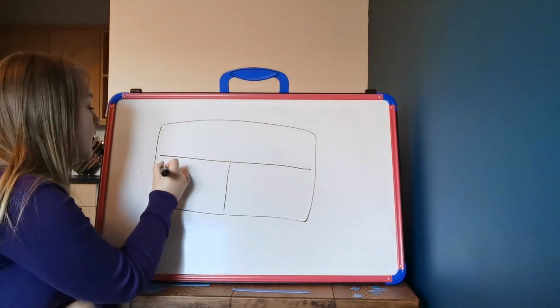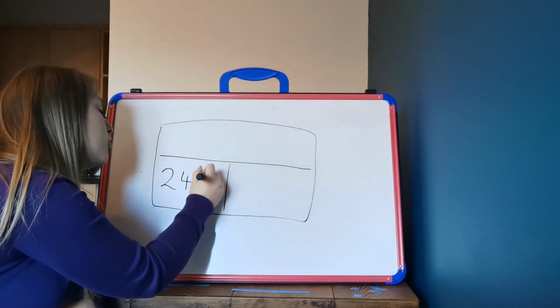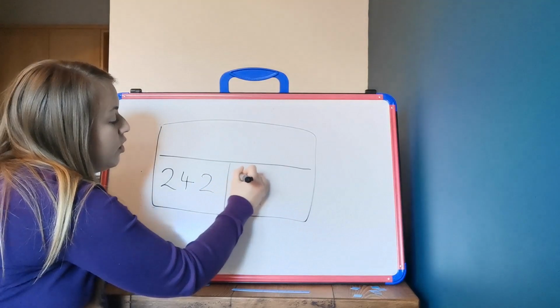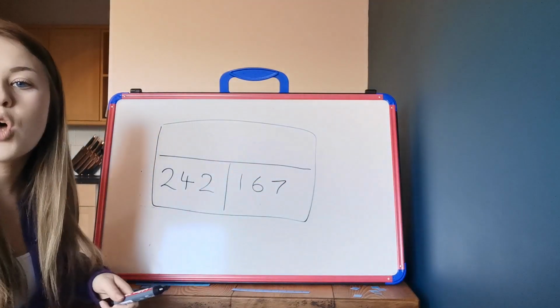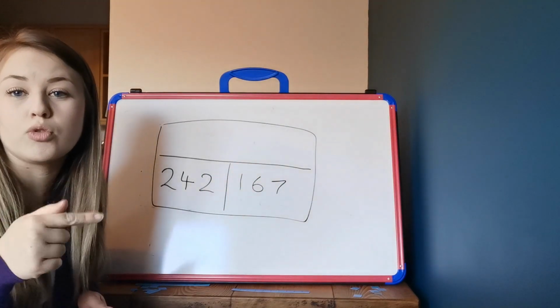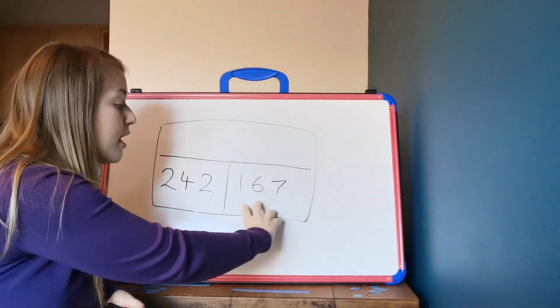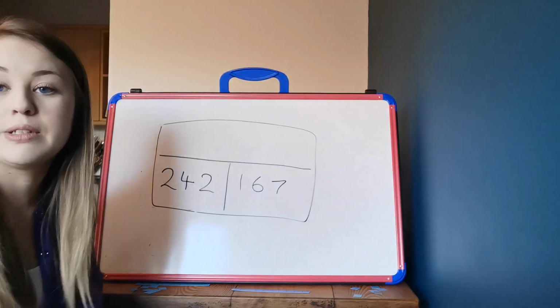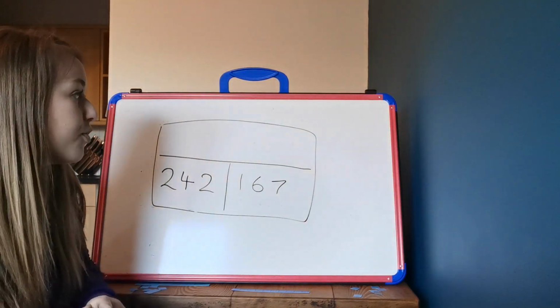So it could be 242 and then 167. Obviously this wouldn't help them with their drawing, so they would also need to do the drawing as well, but it just shows that this is one part of the sum and this is the other part of the sum, and then this is where it would go together. So that's the bar model for that.